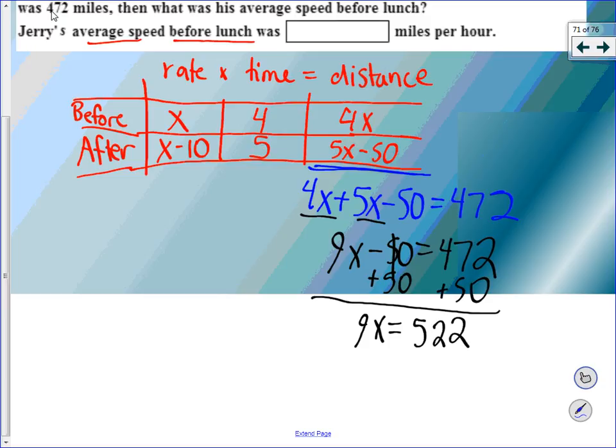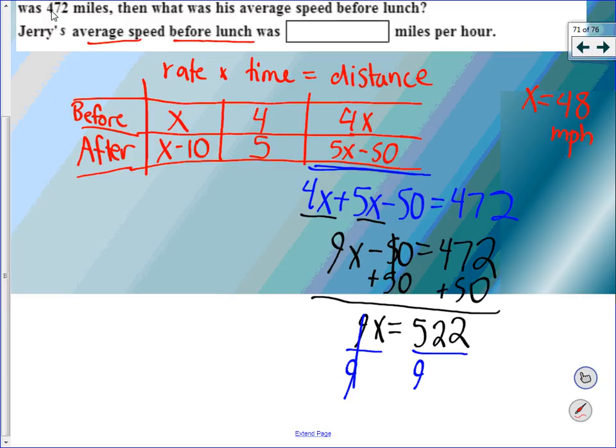And divide by 9. Is that after or before?